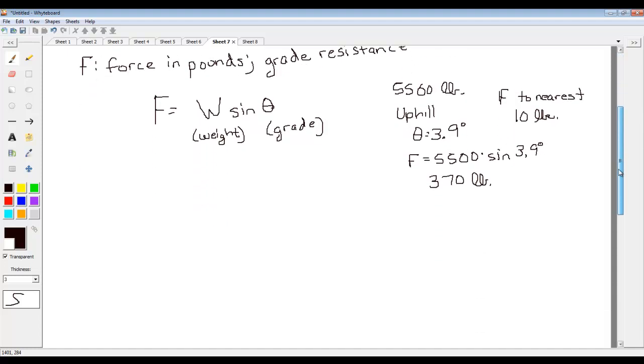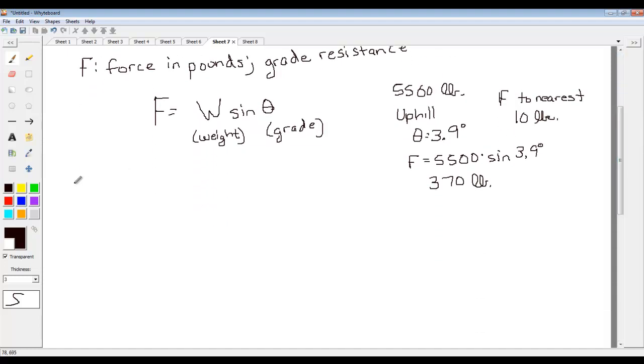A couple of variations on that. You could have a 2,800 pound car traveling downhill. In that case, for the downhill grade, you have theta equals negative 4.8 degrees. So let's do force to the nearest 10 pounds again.